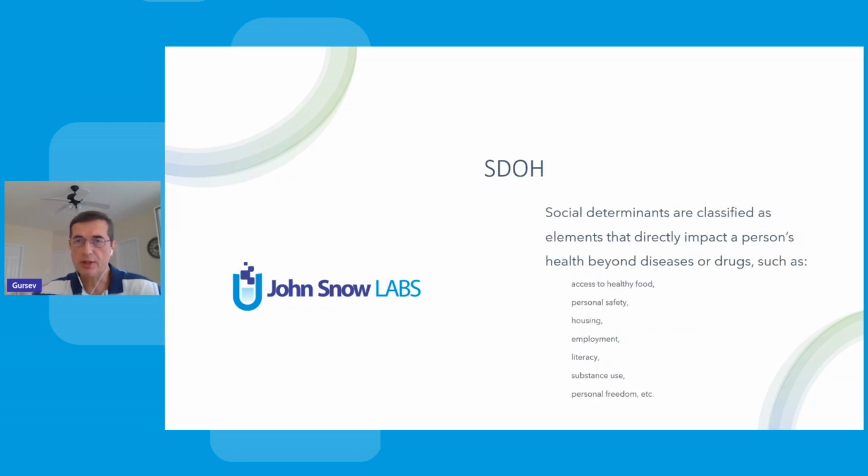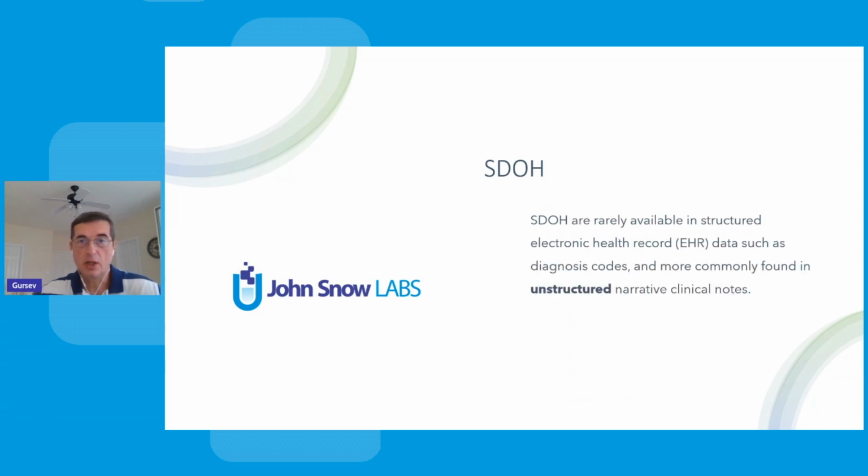So just to give you an idea about the basic SDOH, these are very important in the person's health beyond diseases and drugs. So you may say personal safety, housing, substance use, employment, literacy, freedom, access to healthy food, and so on. These SDOH are rarely available in structured health data.